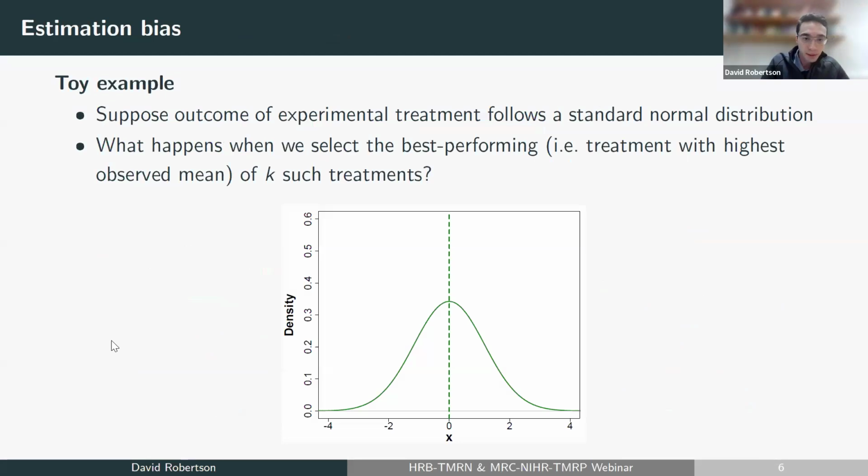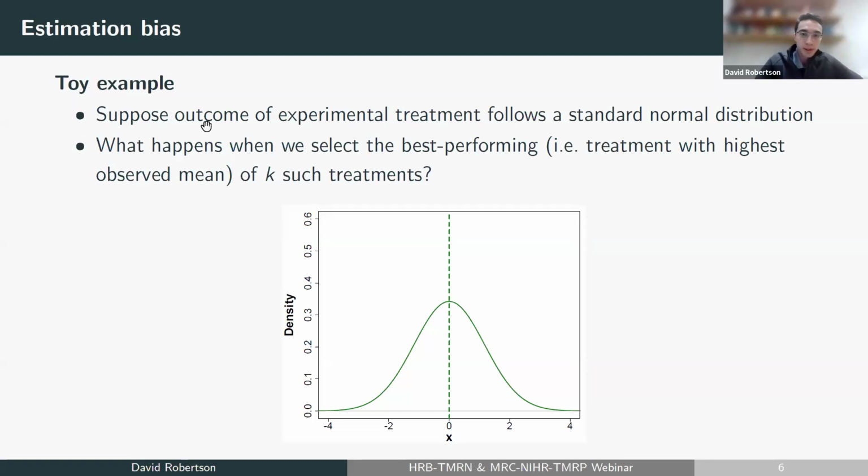Okay, so to try and give some intuition of why we get estimation bias when we have adaptive design, here's a toy example. So suppose we have an experimental treatment and the outcome of that experimental treatment just follows a standard normal distribution.